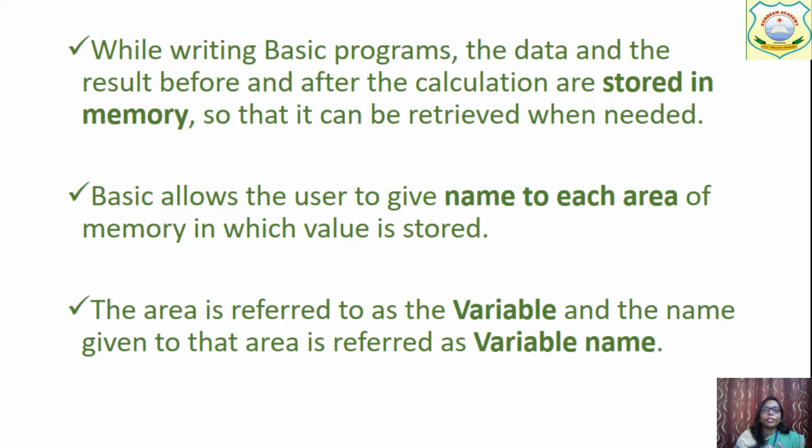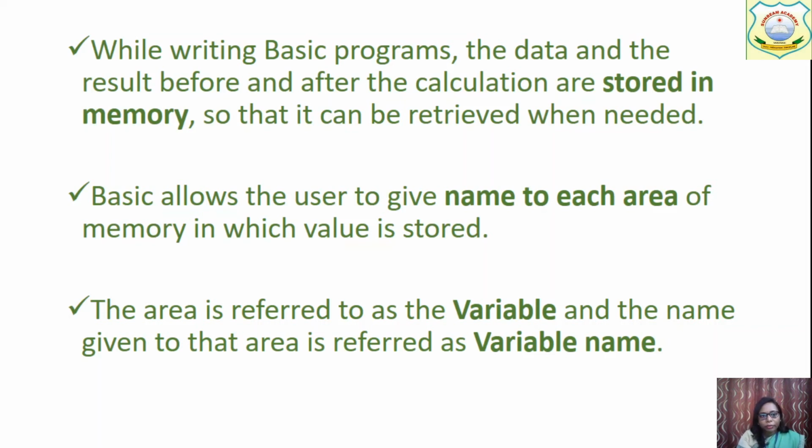Just see with a daily example, just like an almirah in your house. You can name it. It is a storage place, you can name it the first drawer, second drawer, third drawer. In the same way, in a computer there is memory. A portion of memory is assigned and a name is given to it, means we give a name to a portion of memory, and that name is what we call a variable, because that place is used to store any value.